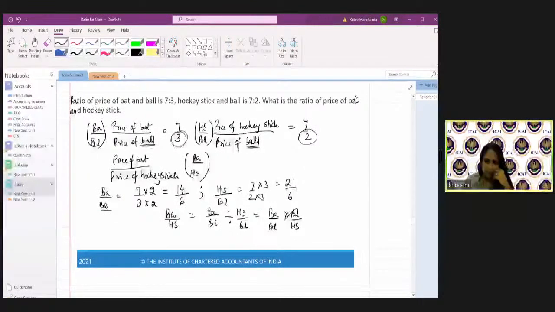So 14/6 into 6/21. So the ratio between the price of bat and the price of hockey stick is 14:21, or in simplest form, remember, 2:3.